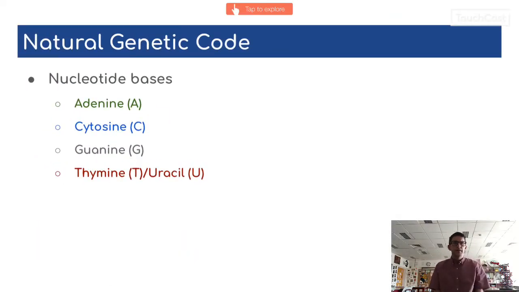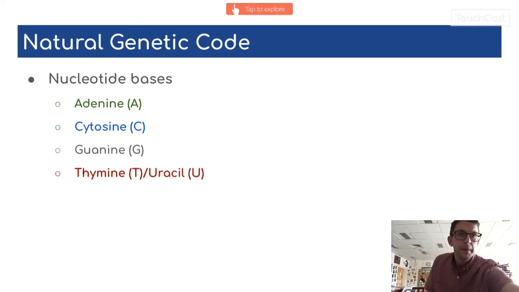Now we know that DNA and RNA are composed of 4 bases. DNA and RNA both have adenine, cytosine, and guanine bases. However, DNA has thymine, and in mRNA, uracil is the base used. So the code itself uses these 4 different bases, and as you probably already know, the genetic code groups these 4 bases in groups of 3.